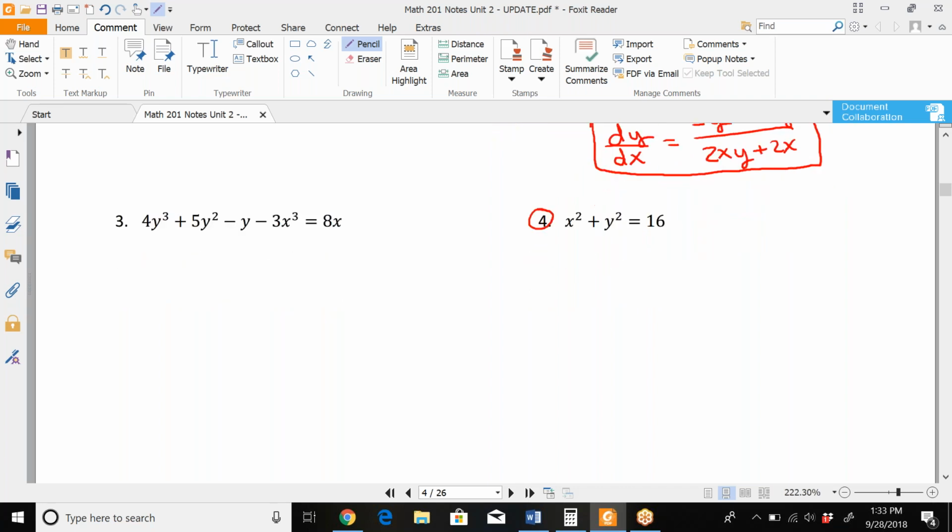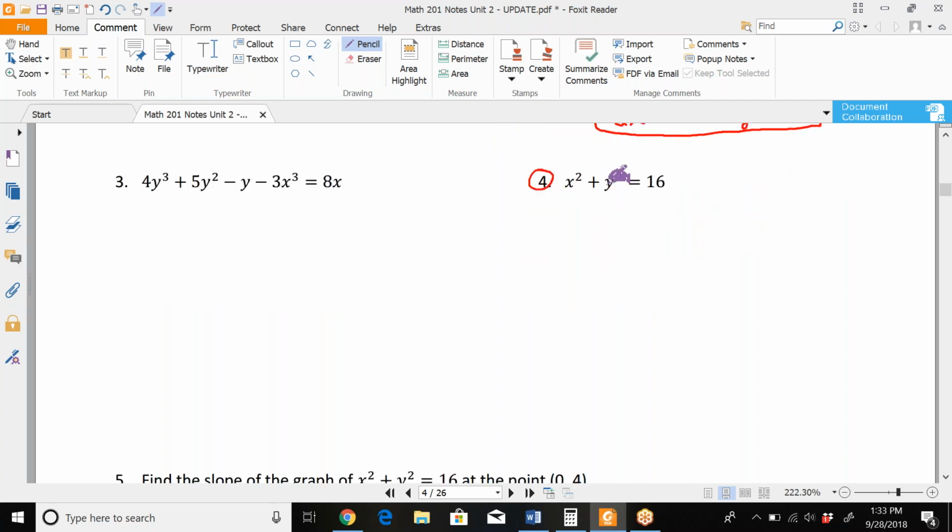Okay, let's look at number 4. This one is at least no product rules because that's a plus between them. So the derivative of x squared is just 2x. The derivative of y squared is 2y dy dx. And the derivative of 16 is just 0. So then we subtract over our 2x to get the dy dx on one side by itself.